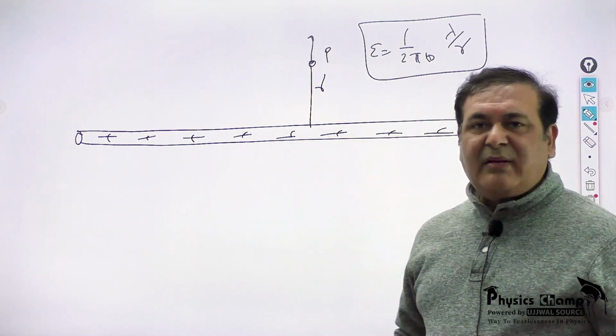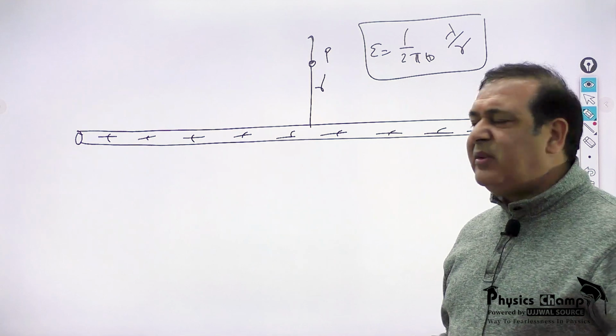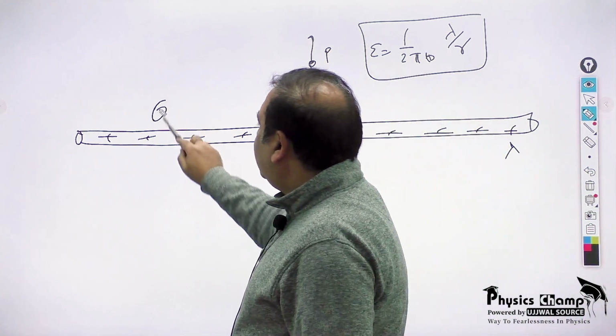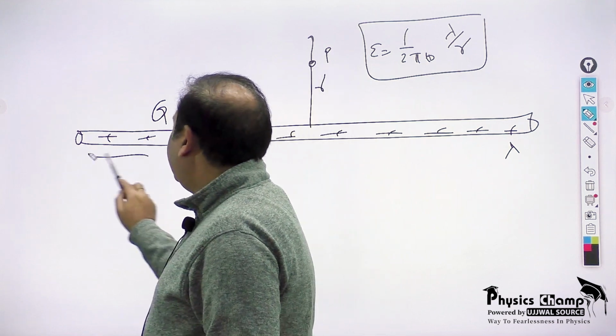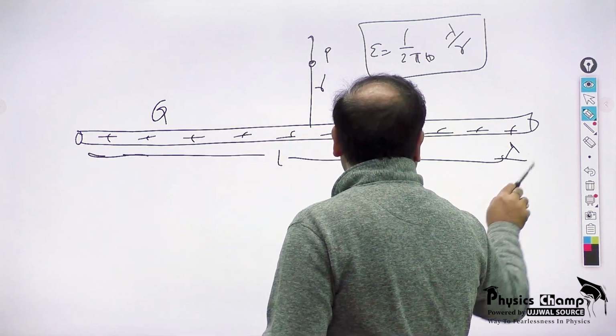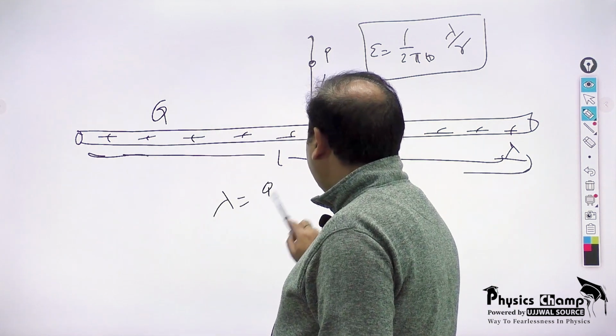This linear charge density you can always find. If the whole rod was carrying a charge Q and the length of the whole rod was L, then lambda is Q by L.